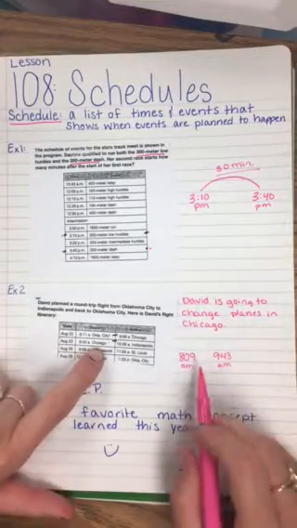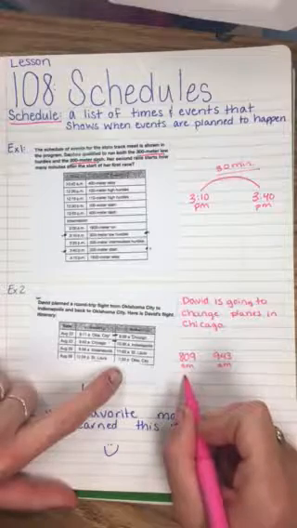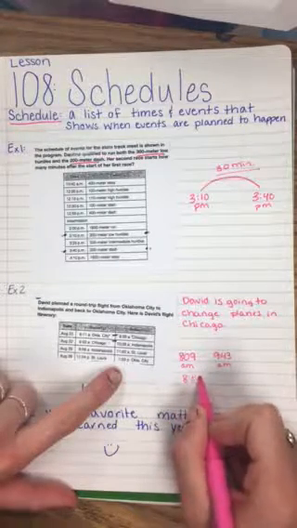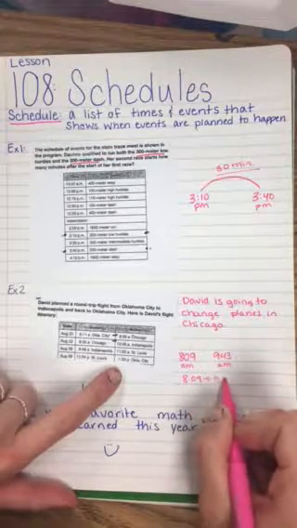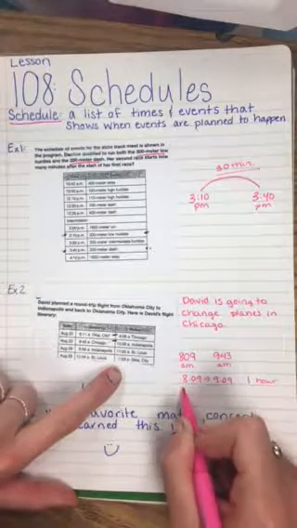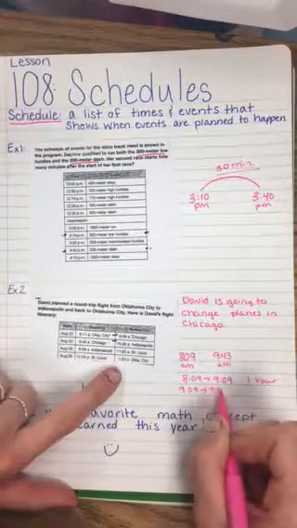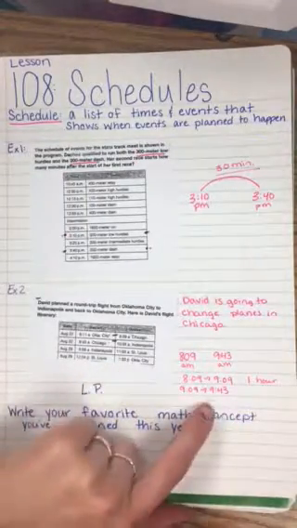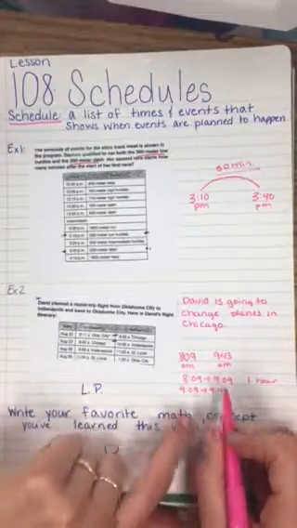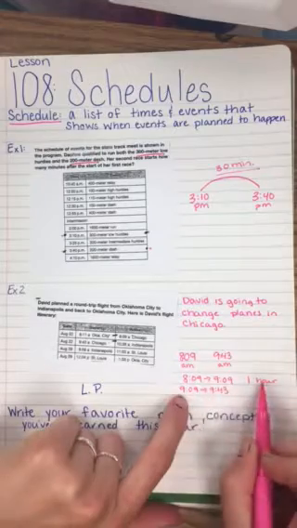So we need to figure out how to get from 8:09 to 9:43. So we know from 8:09 to 9:09 is 1 hour. Okay, and then from 9:09 to 9:43, we're going to have to figure out how much time that is. So we've got to first get to the right hour. Okay, so now we're in the 9 o'clock hour once we get that hour.